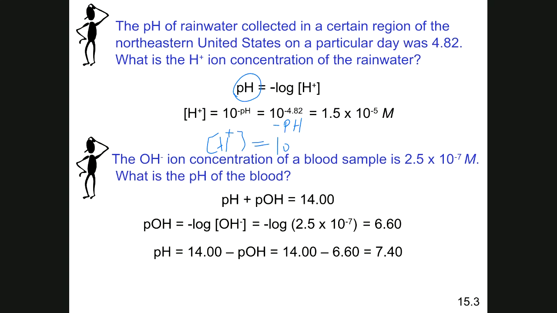So if the pH equals 3, then concentration of H plus is going to be 10 to negative 3.